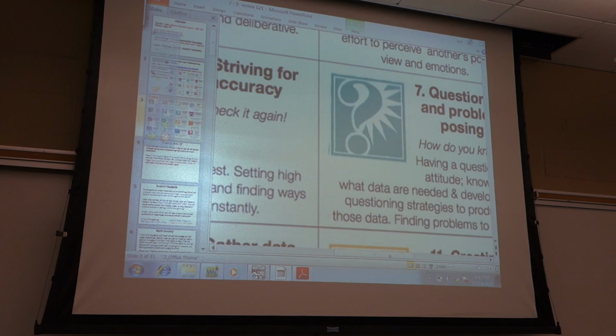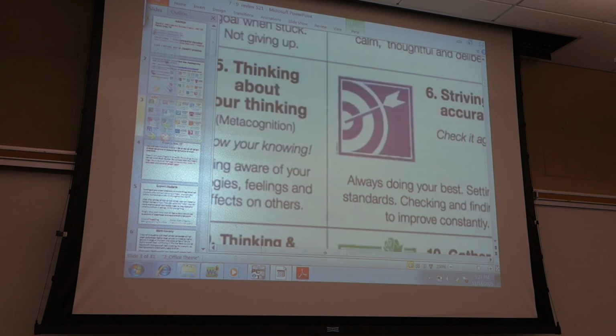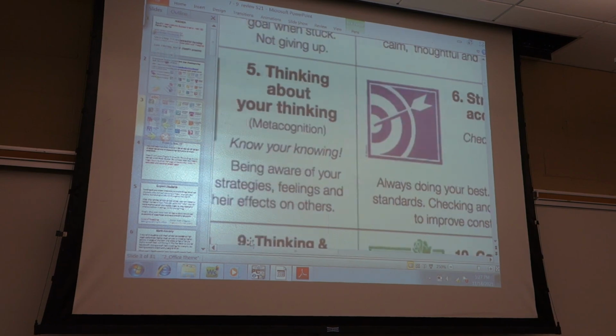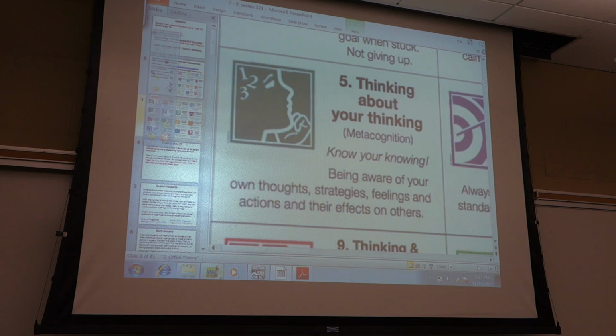Avery. Questioning and problem posing. How do you know? Having a questioning attitude, knowing what data are needed, and developing questioning strategies to produce those data. Finding problems to solve. That's another good one. Alondra, did I have you read already? Great. Thinking about your thinking.